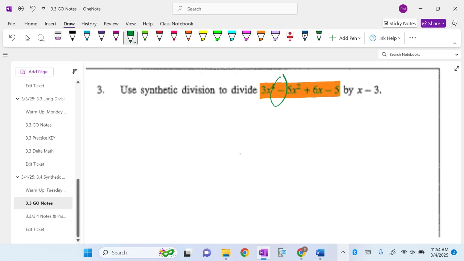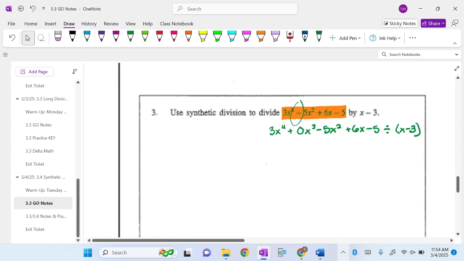If the x cubed doesn't exist, what's the coefficient if it doesn't exist? 0. So I'm going to rewrite this as 3x to the fourth plus 0x cubed minus 5x squared plus 6x minus 5, all divided by x minus 3.